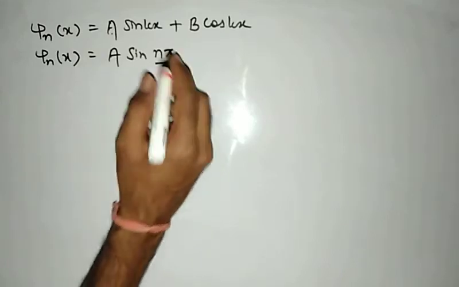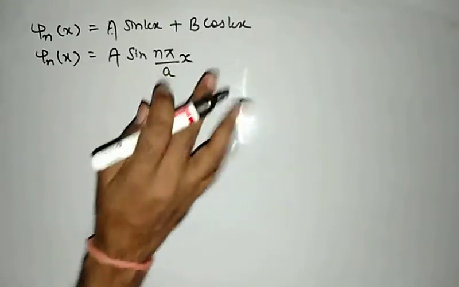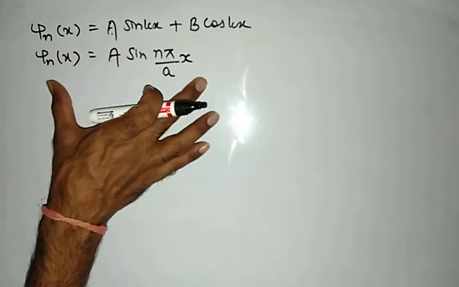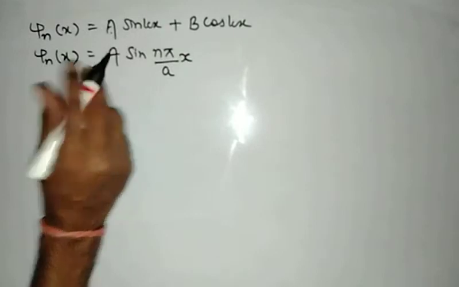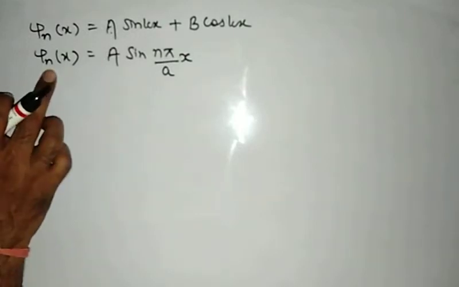We have solved this, with B = 0. So this is the wave function. Now we will find A such that this wave function will be normalized.